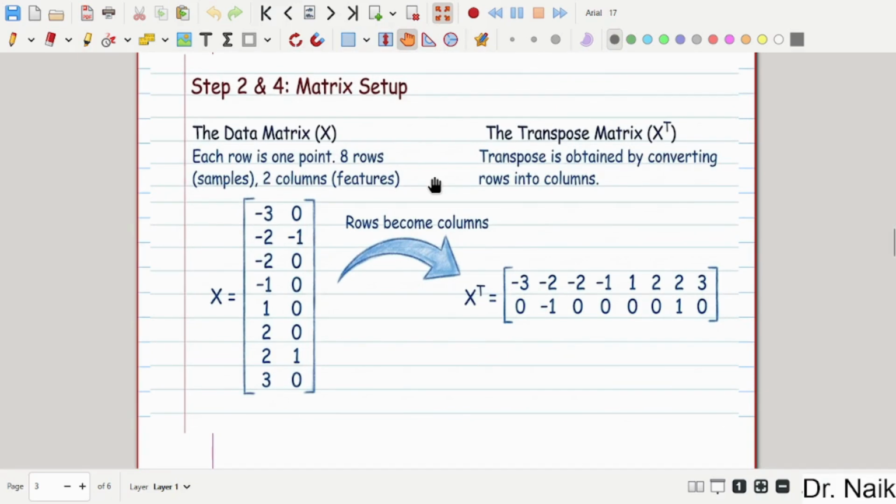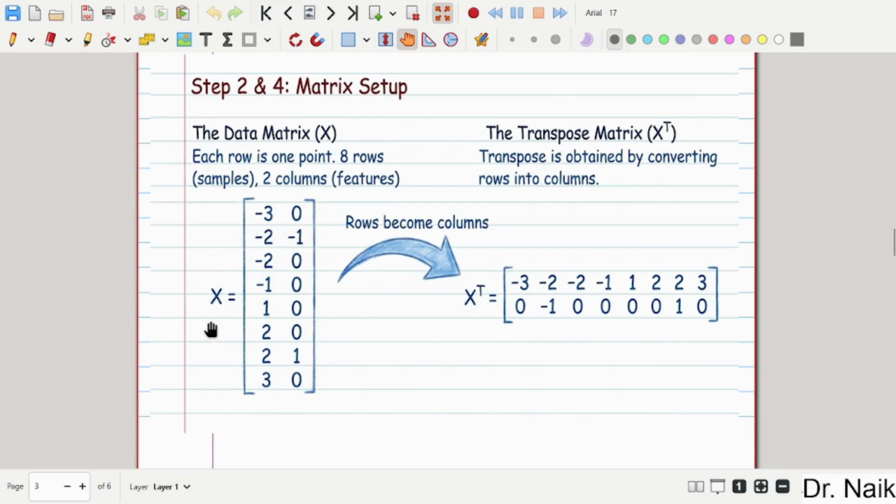Now, form the data matrix. In the data matrix, each row is 1 point. Each row means this (-3, 0) indicates 1 point. So these are all the coordinates of the point. We have 8 points, therefore we have 8 rows. 8 rows means 8 samples because we have 8 data points, and 2 columns because each point has 2 coordinates, x coordinate and y coordinate.